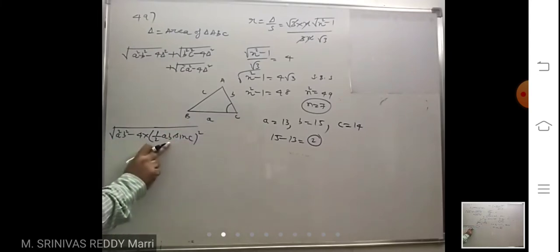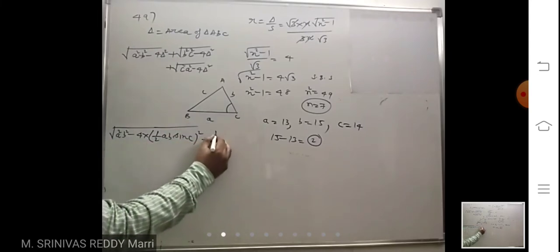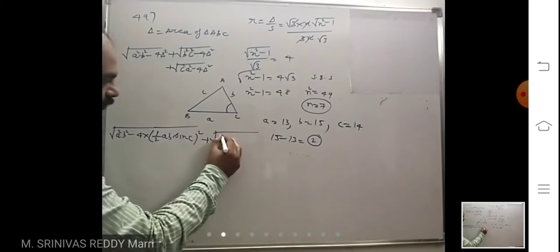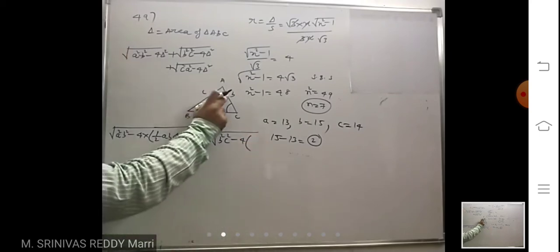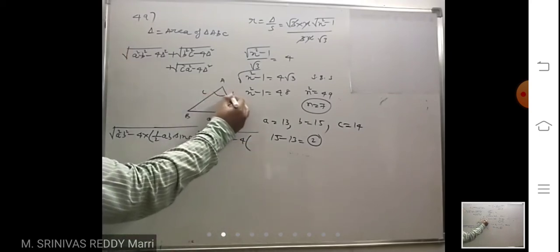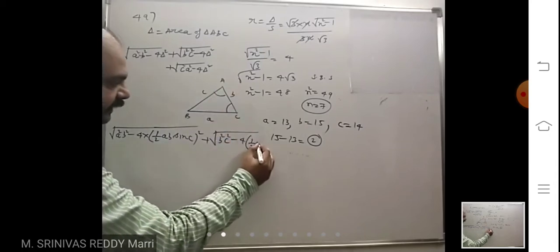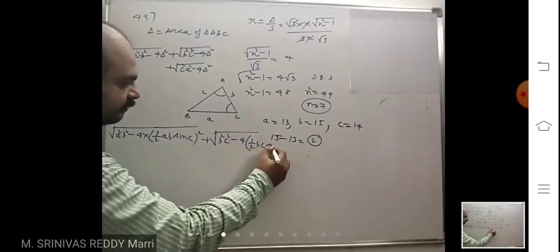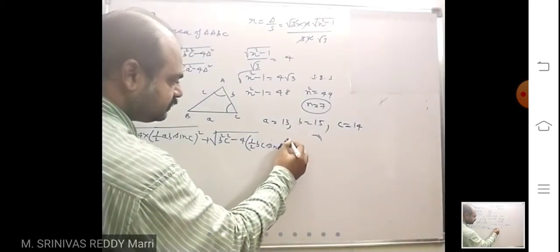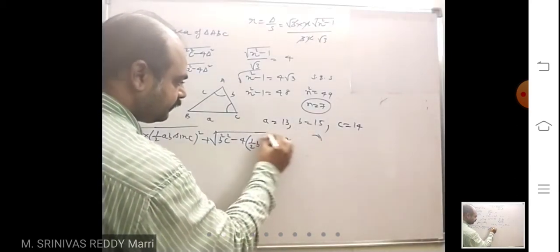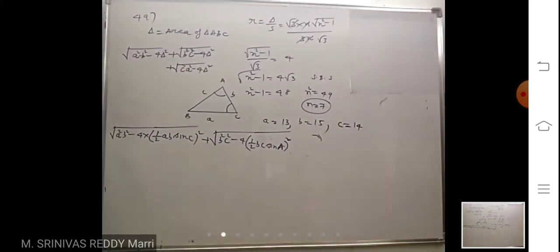Because it is in AB, I have written the AB formula. Like that, you can write delta in BC also, half into product of sides into sine of angle. This is also one formula for area of a triangle.